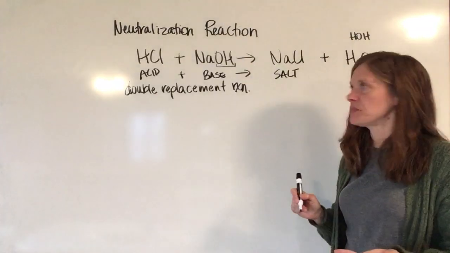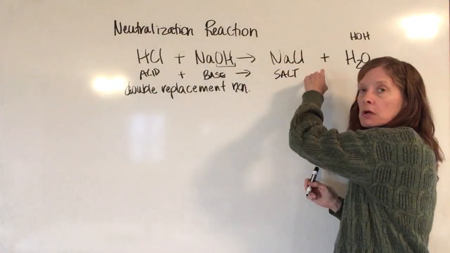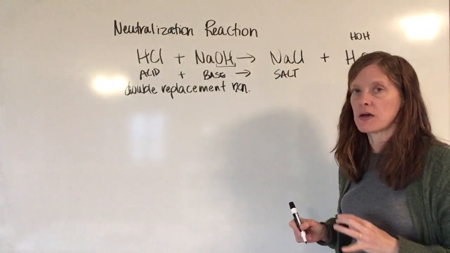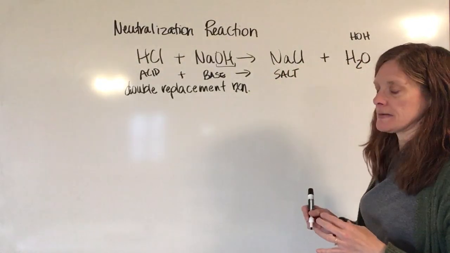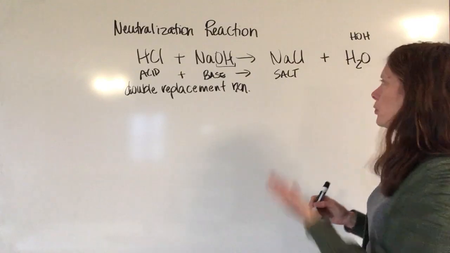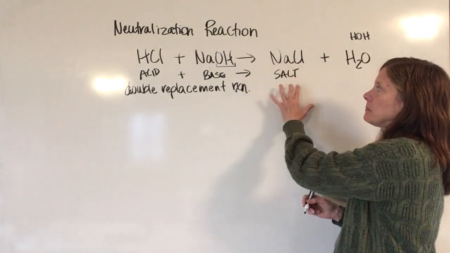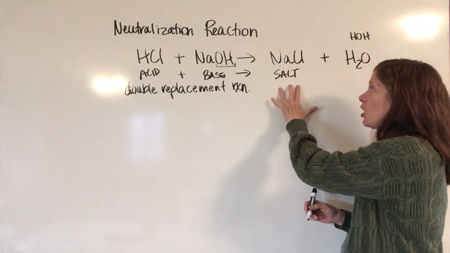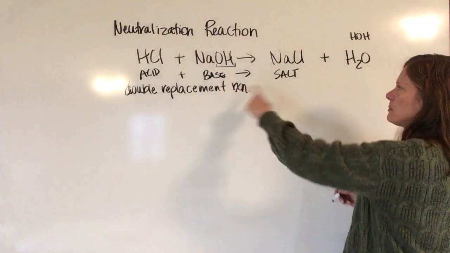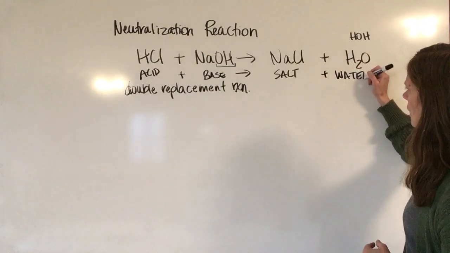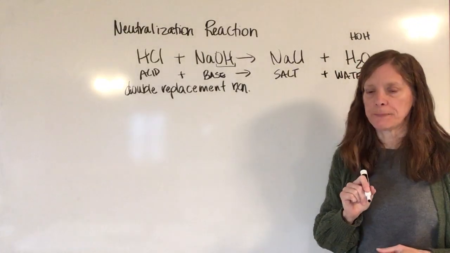So I could have something like potassium and chlorine together. I could have sodium and bromine together. I could have beryllium and oxygen together. And so if it's a metal and a non-metal and I put them together, it's called a salt. So an acid plus a base makes a salt and water every single time, okay?